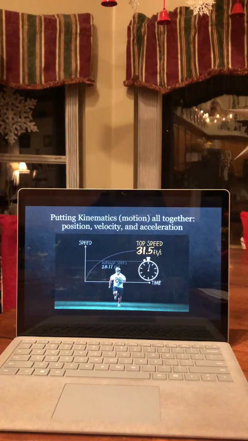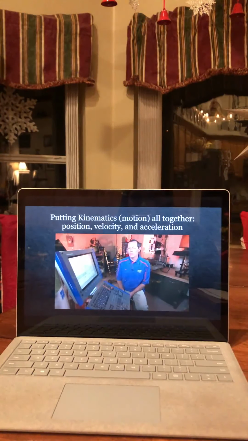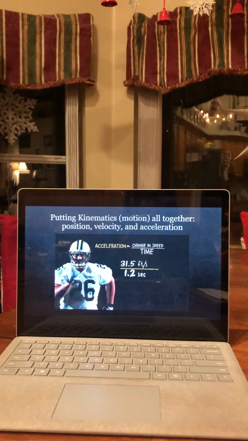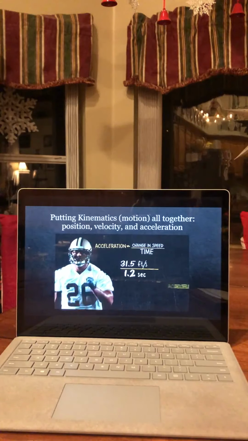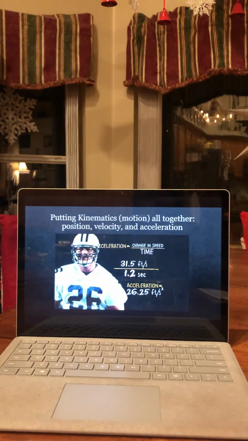If we know how long it takes McAllister to hit his top speed, let's assume 1.2 seconds, then it's possible to calculate his acceleration as the change in speed divided by the time. Acceleration is the change in velocity per unit time, which, if we compare it to velocity, was the change in distance per unit time. In this case, 31.5 feet per second divided by 1.2 seconds means that McAllister's acceleration was 26.25 feet per second squared.